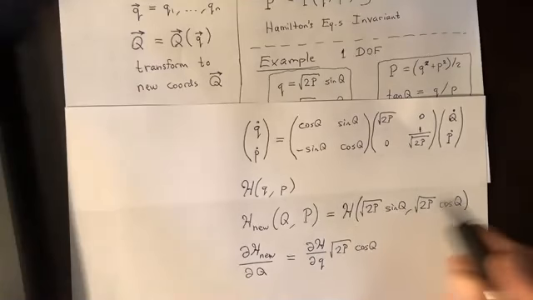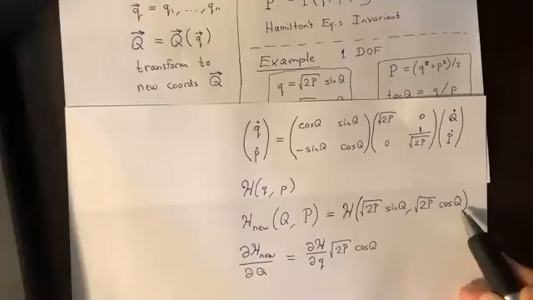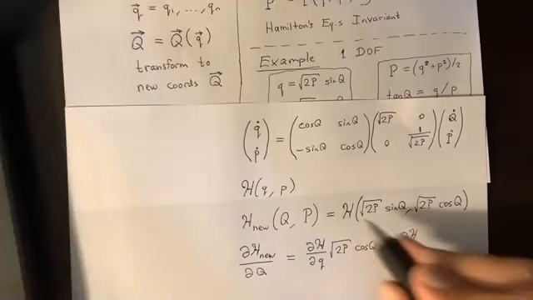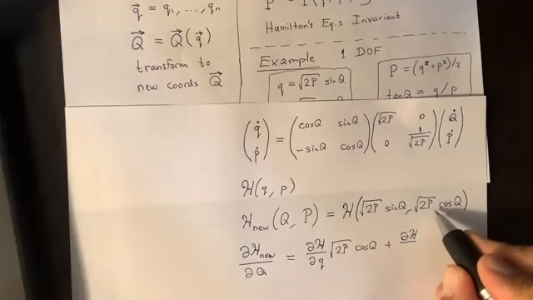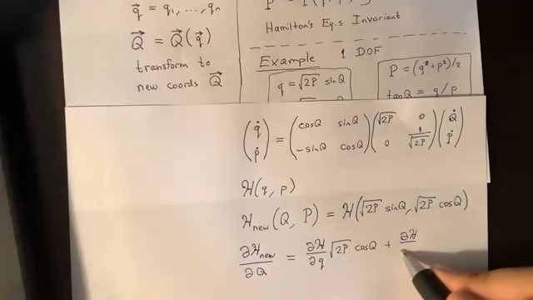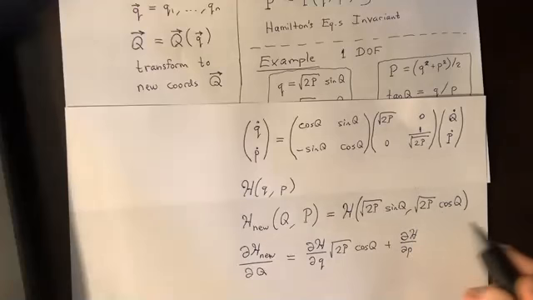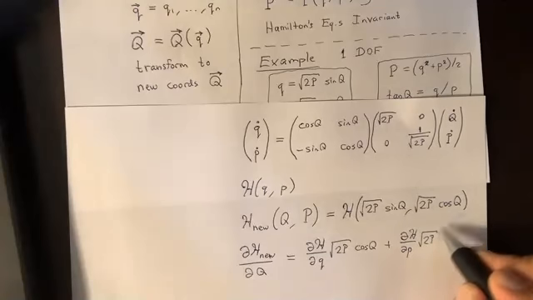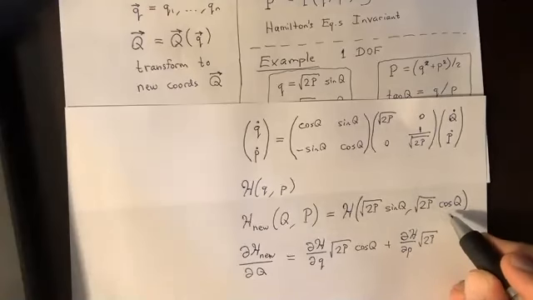That's the first term, but we have another occurrence of capital Q. So we'll have a plus, there's a partial h, that's this function here, differentiating with respect to its second input, which is called lowercase p, right? That's the name of the second input. And by the chain rule, we multiply, there's a root 2P, and then we must differentiate the minus cosine.